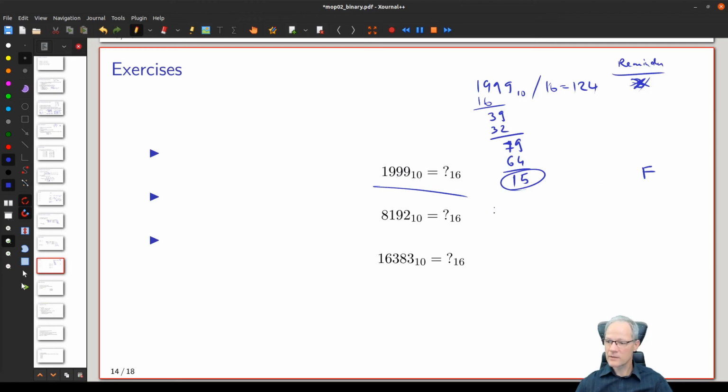Now we have 124, and we need to divide that by 16. As it's going to turn out, 128 does not fit, so it's not going to be 8, it's going to be 7, I believe. 7 times 16 is how much?